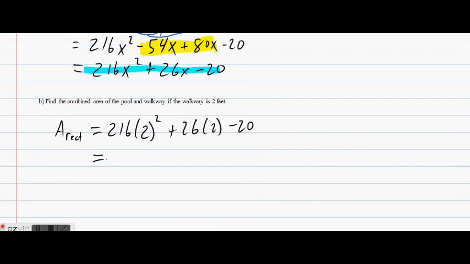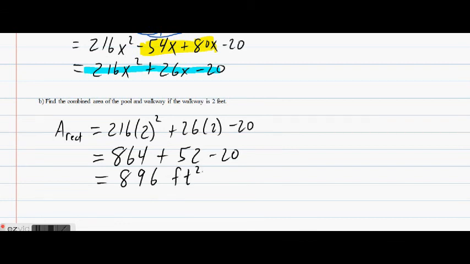I'm going to go step by step for you guys that don't. So 216 times 4, I hope you agree, is 864, plus 26 times 2, 52, minus 20. I grabbed my calculator, plugged all that in, and it gives me 896 square feet. So the area of the pool and the walkway is 896 square feet. Whatever they give us right here, that's what you would plug in for x.